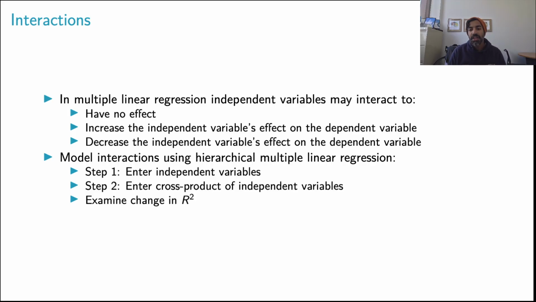For example, the relationship between student happiness and conducting statistical analyses maybe depends on the level of expertise that they've gained through the course. And maybe you see that there's no correlation between student happiness and statistical expertise.